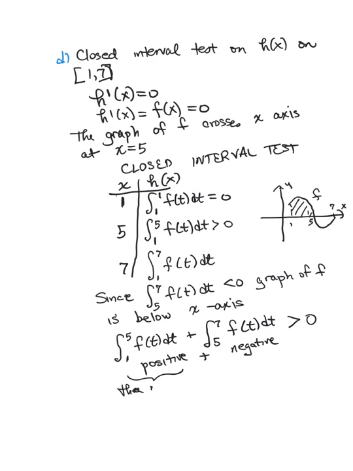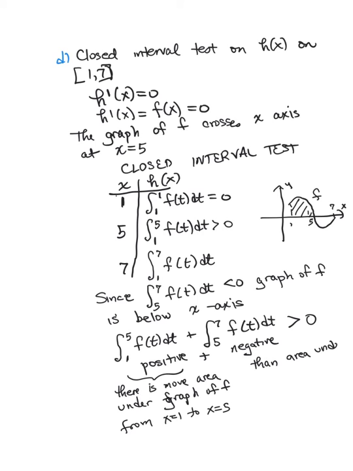Oh, let me just write that clearer. There is more area under the graph of f from x equals 1 to x equals 5 than the area under the graph of f from x equals 5 to x equals 7.